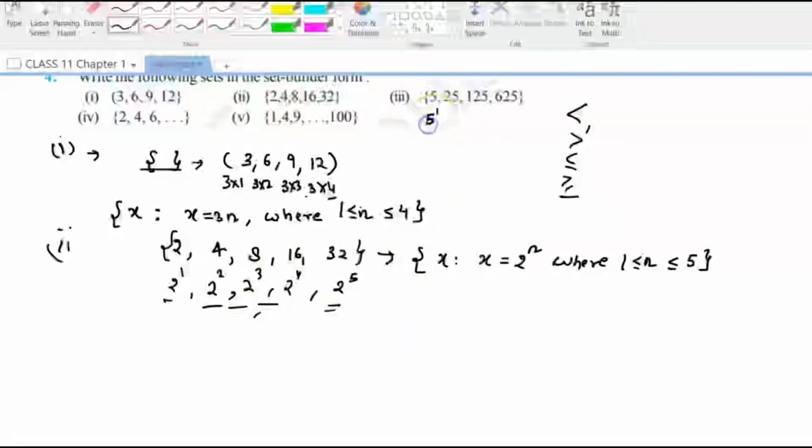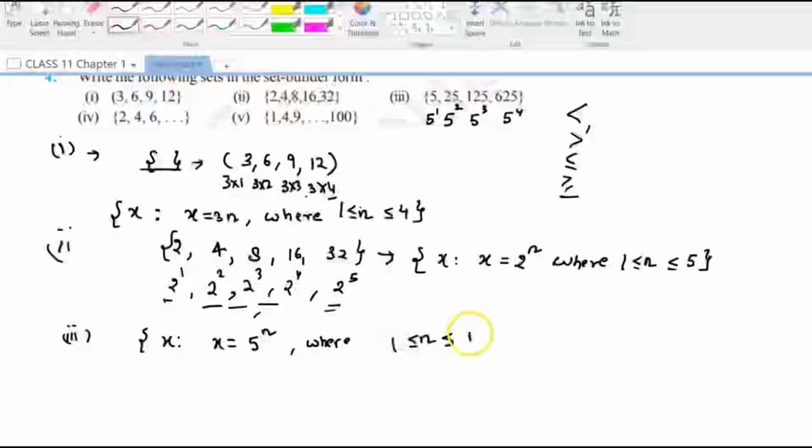So this is 5 to the power 1, this is 5 square, this is 5 cube, and this is 5 to the power 4. So it's simple. You can write it as x such that x is equal to 5 to the power n, where your n varies from 1 to 4.